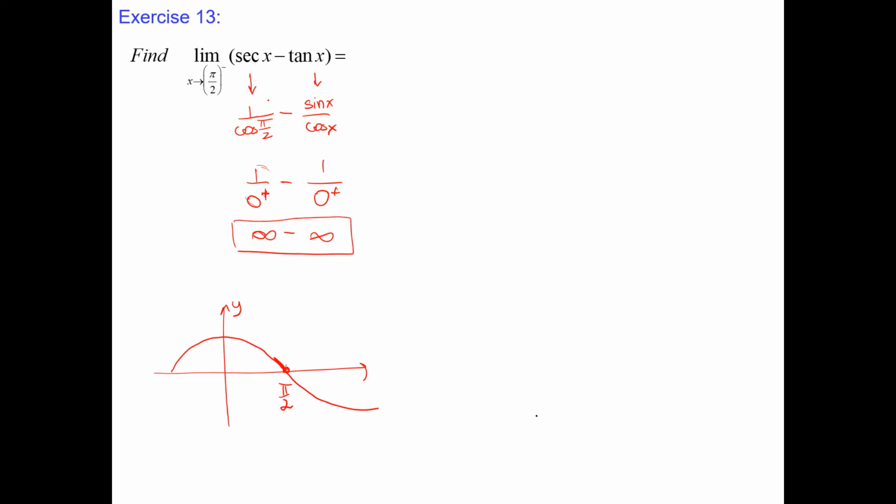Okay, that was my first step, checking if this is an indeterminate form. We created fractions, cosine of x and sine of x over cosine of x, as x approaches pi over 2 from the left-hand side.